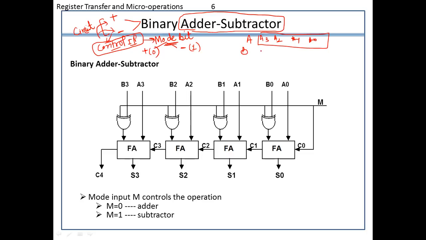Similarly, for the B register, the bits are B3, B2, B1, and B0. So the idea is that whether I am performing addition or subtraction, A0, A1, A2, and A3 will remain the same, right? So directly, this input of A0, A1, A2, and A3 is going into this full adder, because I need not manipulate this. This will remain the same.